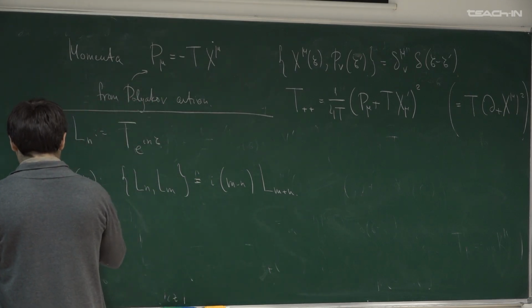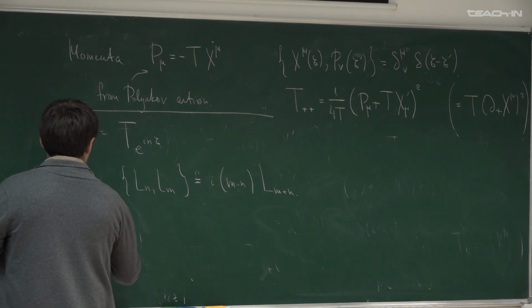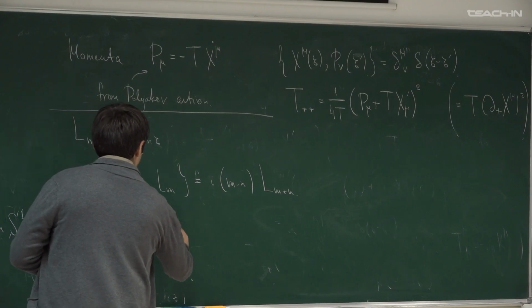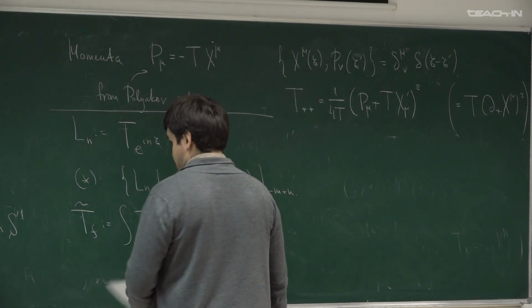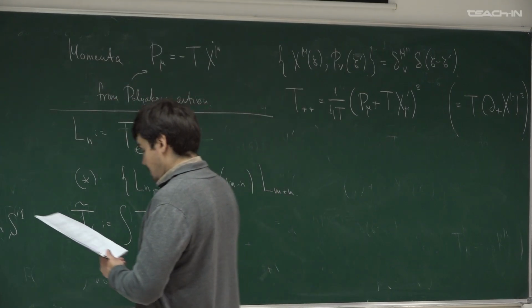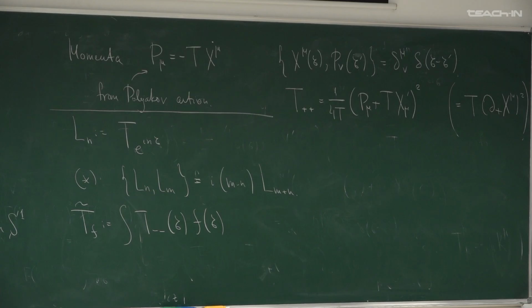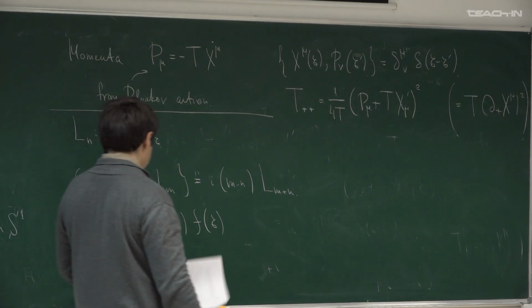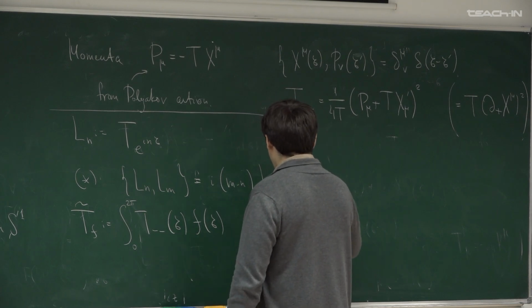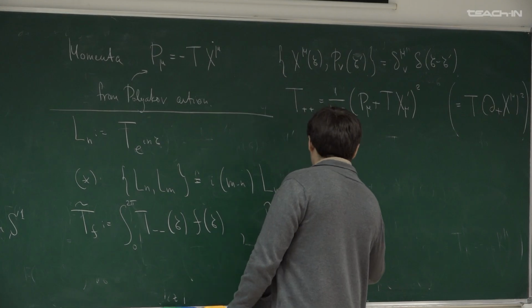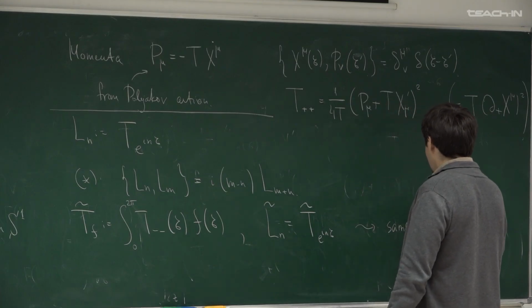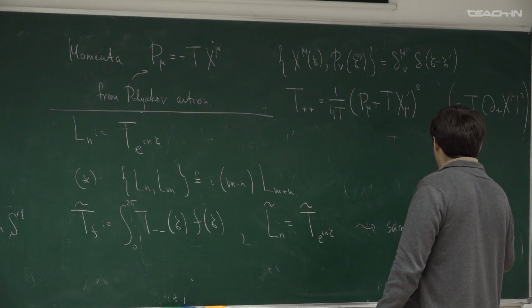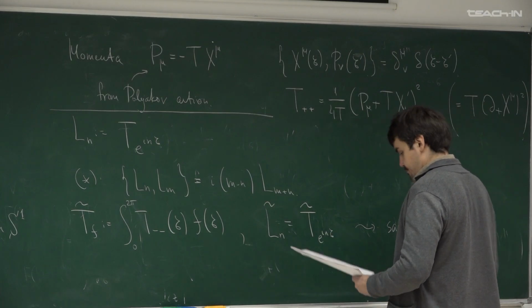So we could define T̃_f, which is T−−, integrating from 0 to 2π, since here I really mean mostly the closed case, and then L̃_n is T̃ with e^{inσ}. They form the same Lie algebra.